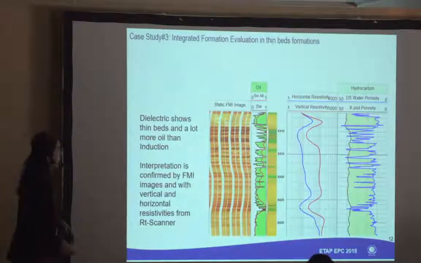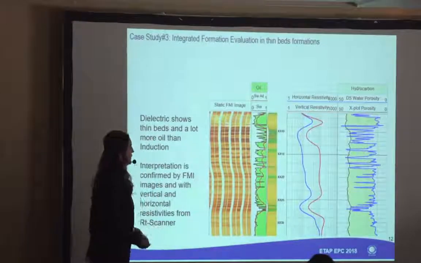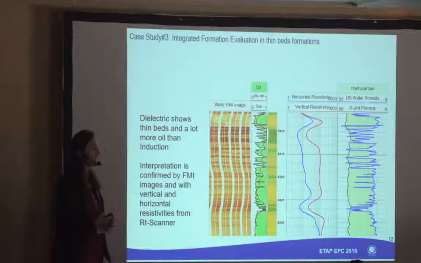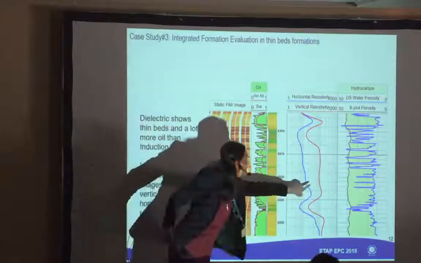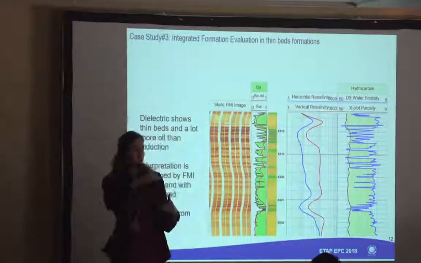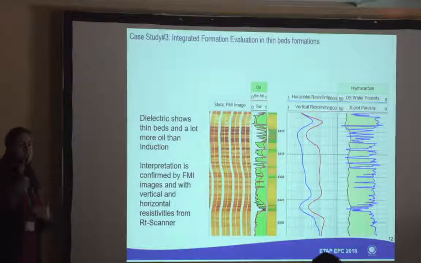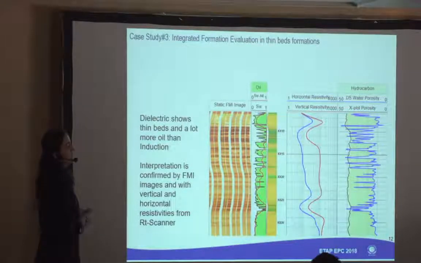Also, we had the RT scanner that can give us the vertical and horizontal resistivity, which shows a difference between the two because of lamination. So it confirmed the anisotropy in resistivity. The low resistivity reading was due to thin lamination.